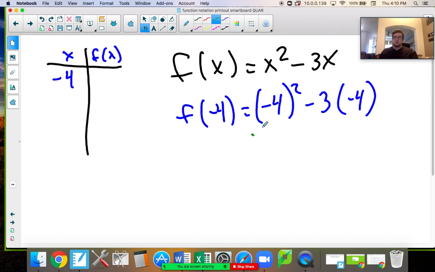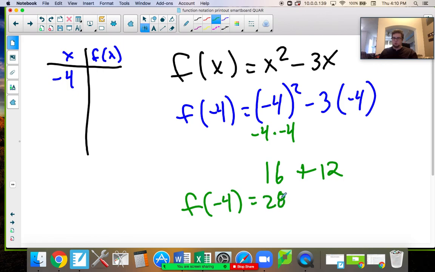Negative 4 squared is negative 4 times negative 4, positive 16. Negative 3 times negative 4 gives us positive 12. Add those together, and f of negative 4 is 28. We record that in our table, and that's how we use function notation.